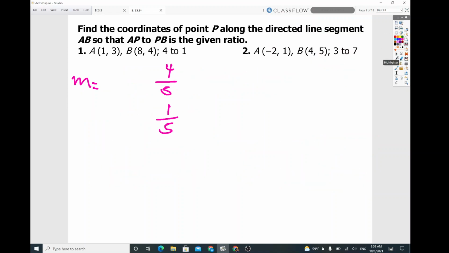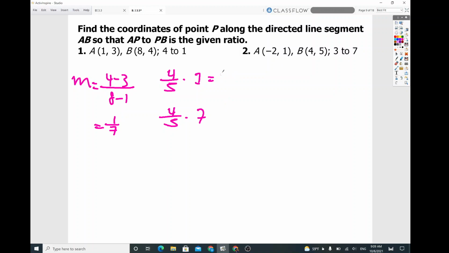And then here's the other example, so you can try to work it out. The total ratio will be 5, so the major ratio is 4 over 5. To get our slope, rise over run: 4 minus 3, divided by 8 minus 1, so you have 1 over 7. Multiply 4/5 by the rise, 1, and 4/5 by the run.